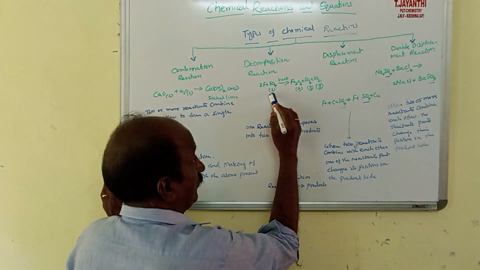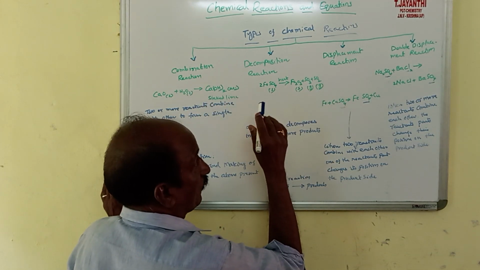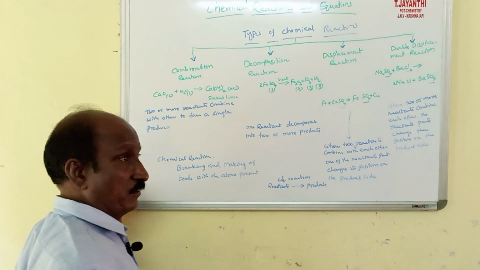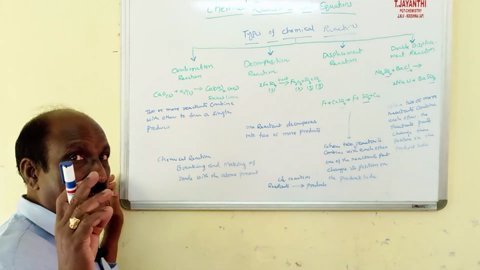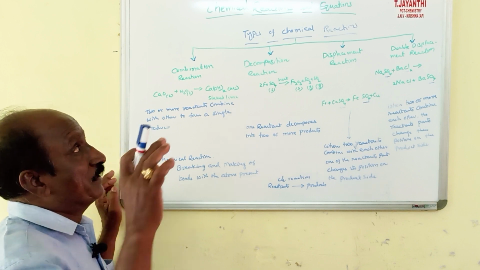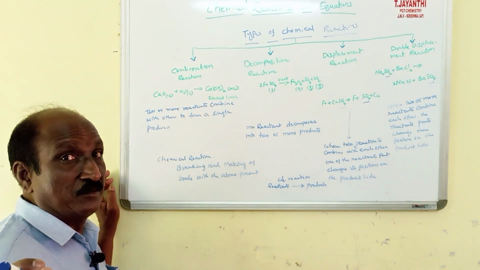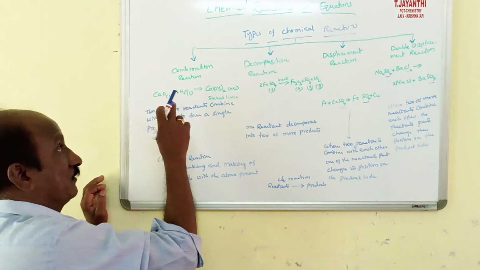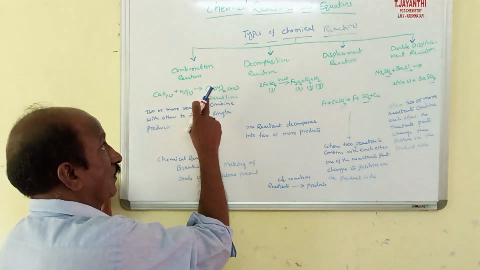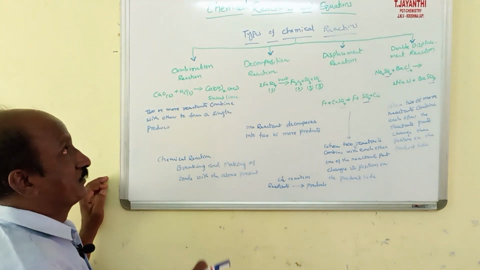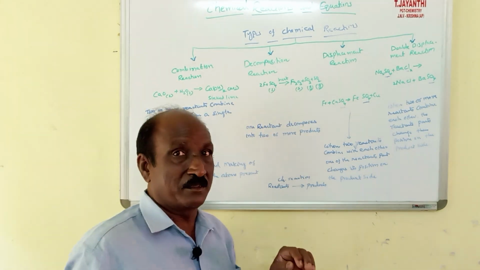If we want to separate this lemonade into these three products, it is not easy. A lemonade cannot be decomposed into three parts. But sugar, lemon and water give us lemonade. So combination reaction is like that, decomposition reaction is like that.